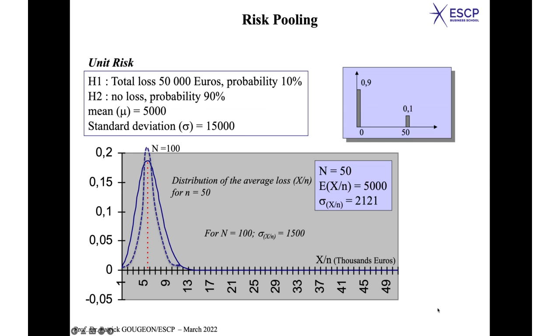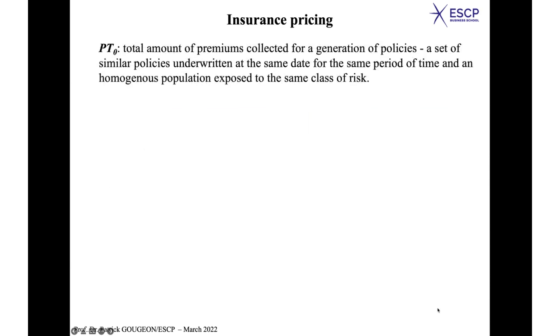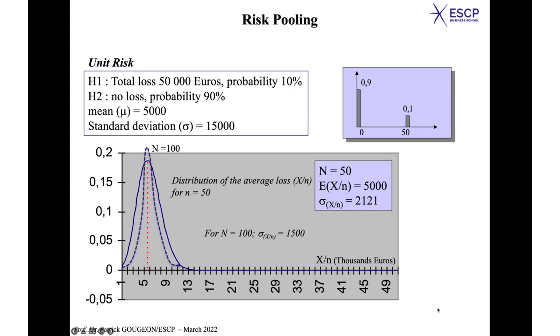So now we're going to go a bit further into pricing in insurance based on this law of large numbers. We'll see how we can end up with a price, even when the variance does not always move to zero, because sometimes the size of the population is not large enough, or for other reasons linked to the uncertainty concerning the data you have.